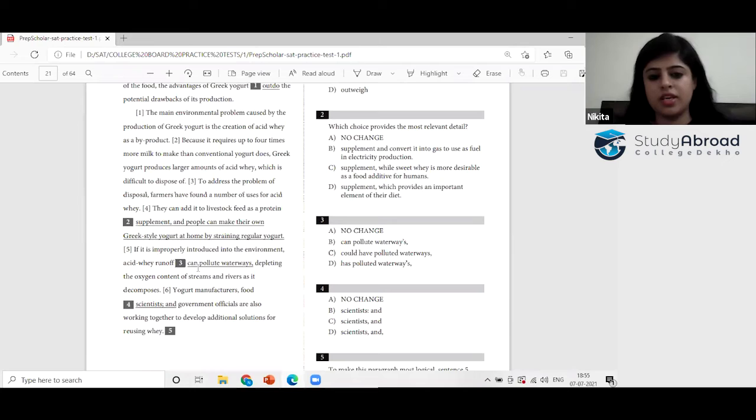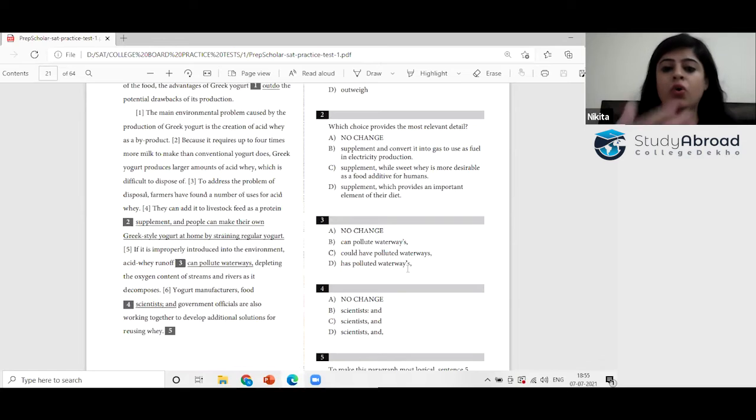Now in question 3, three of the words are underlined over here: can pollute waterways. No specific direction for the question is given, and the options are given. A is can pollute waterways, B says can pollute waterways with an apostrophe in waterways, C is could have polluted waterways, D says has polluted waterways. How would you come to know what the question is trying to test us on?